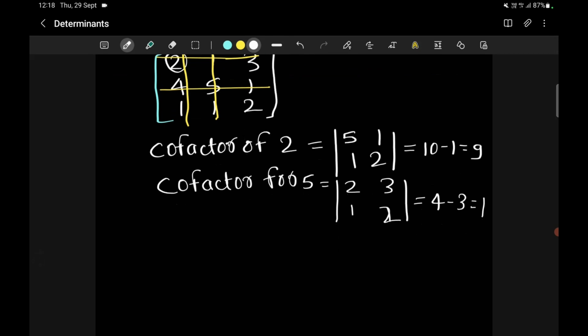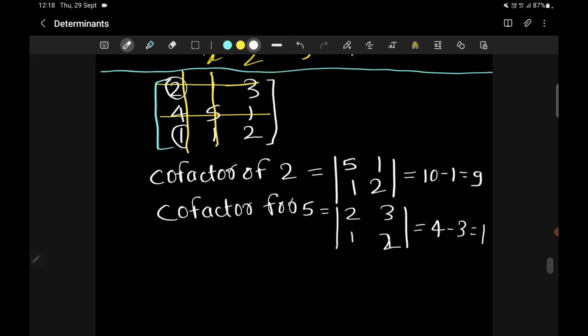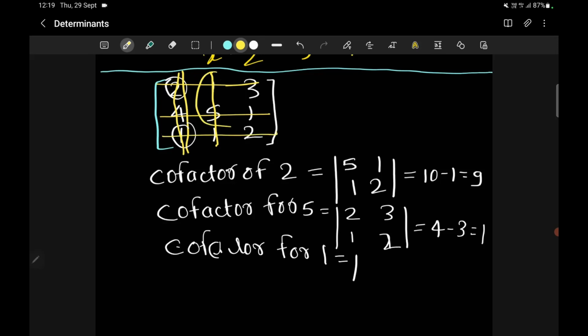Like if you want to find the cofactor for this 1, similarly you have to draw one vertical and one horizontal line from this. You have to take the remaining terms in one determinant.